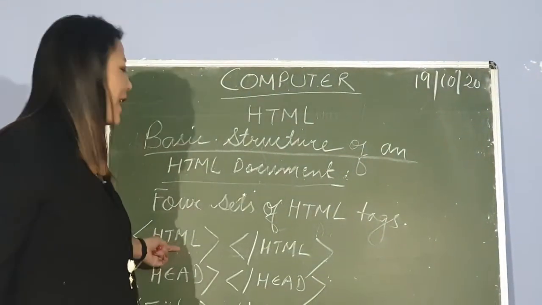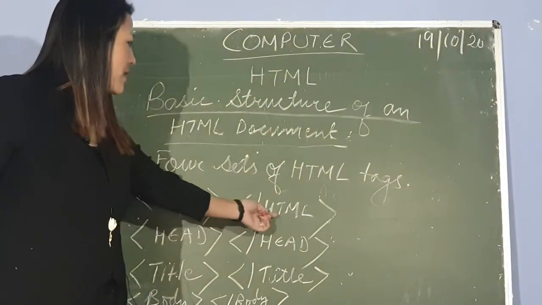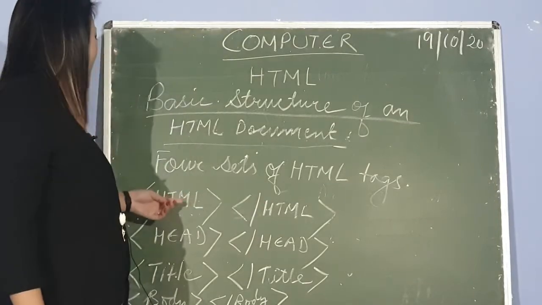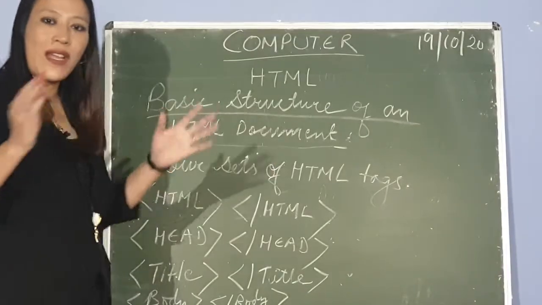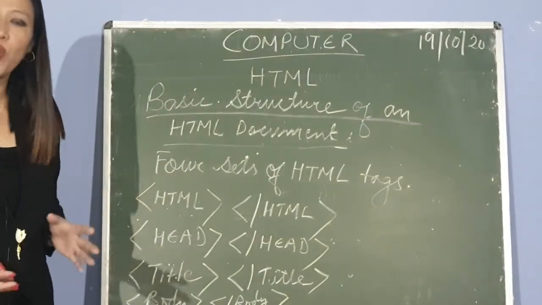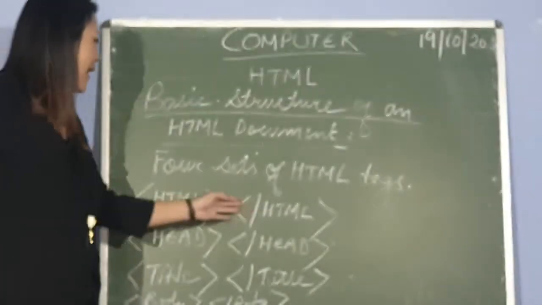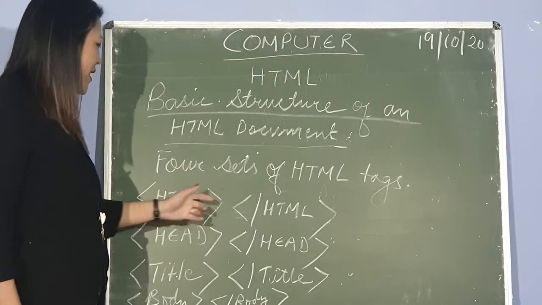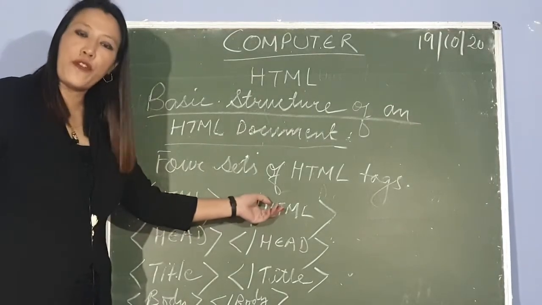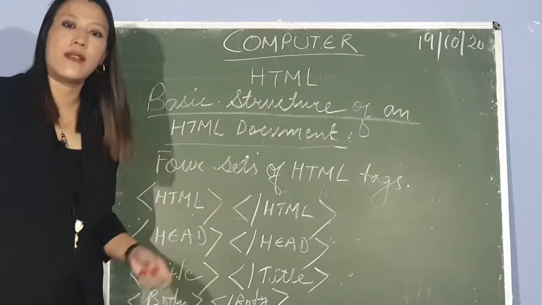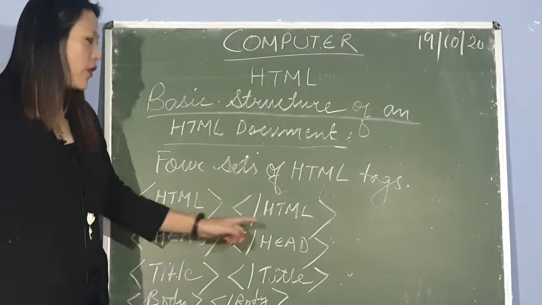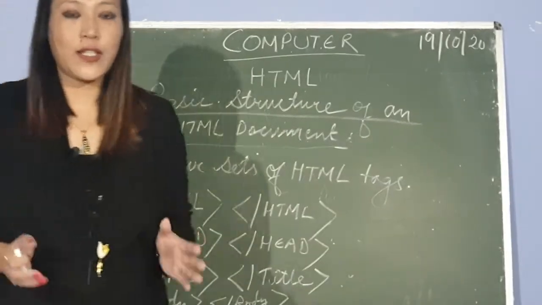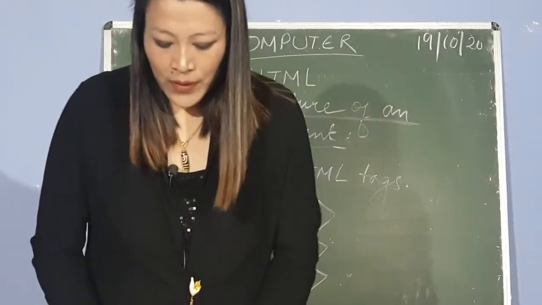So, this is the start and slash means end, okay. Whatever code you are going to write in an HTML should come in between these 2 tags, okay. First you start with HTML and after you finish writing, then you end with this HTML, but you have to give the slash, okay. So, this is the root element of the HTML document.